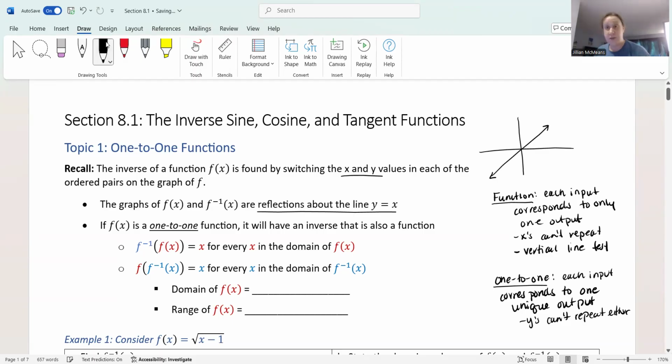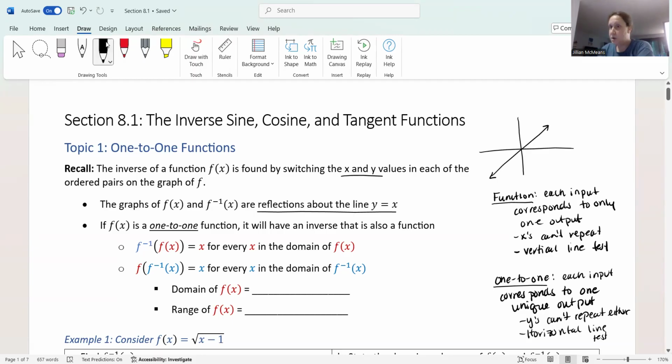And we had a little test for this called the horizontal line test. If you sweep an imaginary horizontal line up and down your graph and intersect the graph at more than one point anywhere, then you don't have a one-to-one function.